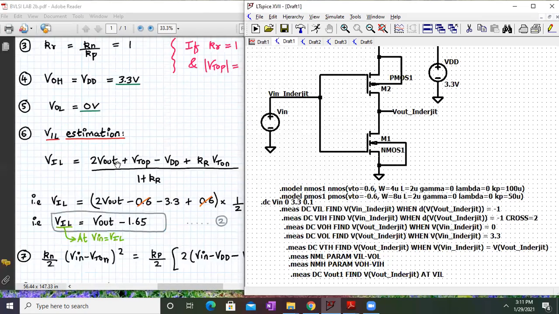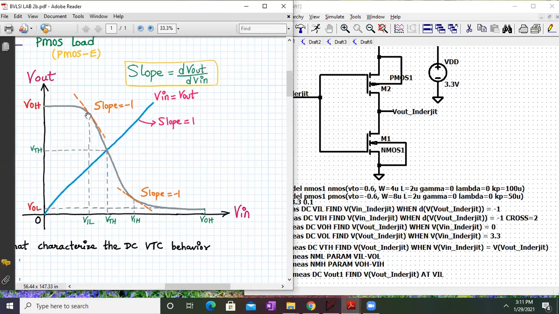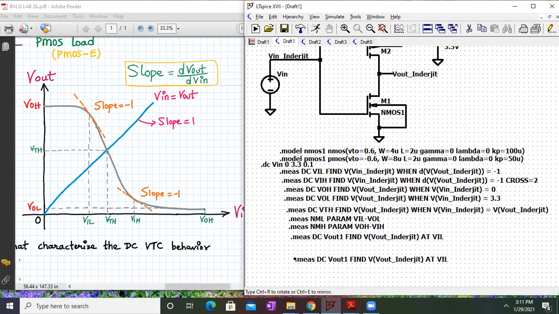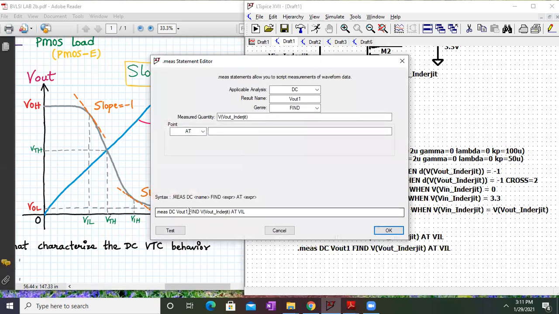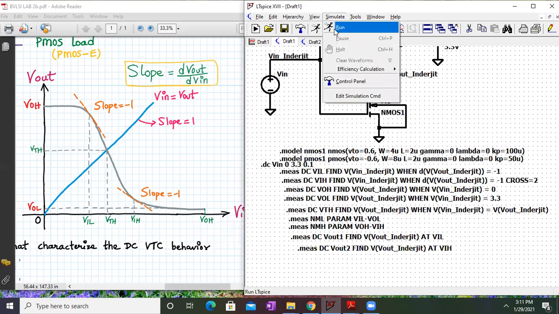If we go in this characteristics, we are saying find V out when V in is equal to VIL. Similarly, we can write one more statement, V out 2, the V out at VIH. With this, I can directly get the result.